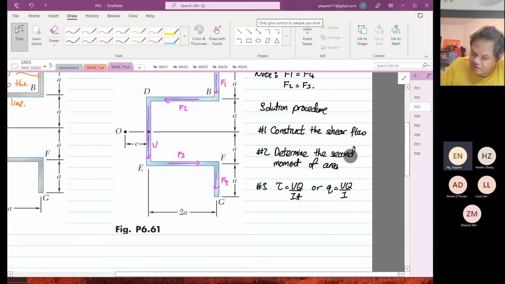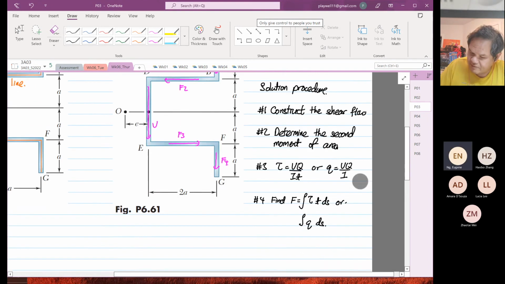And then the fourth thing now is we're going to find F, which will be equal to the integral of the shear stress multiplied by t ds, or we're going to use q multiplied by ds.